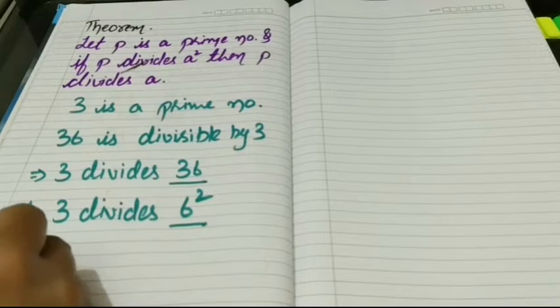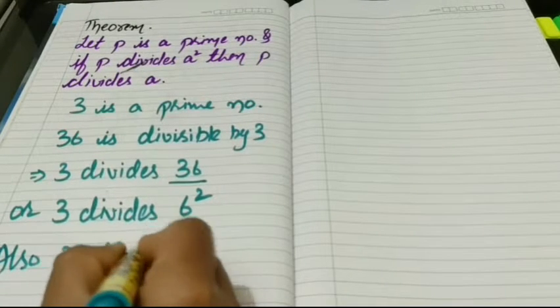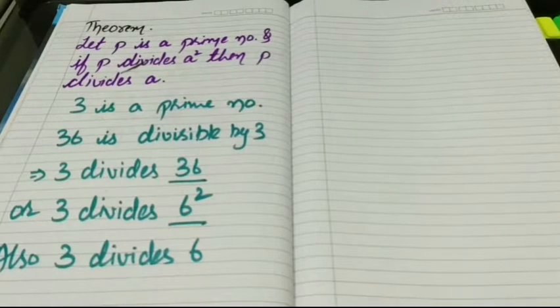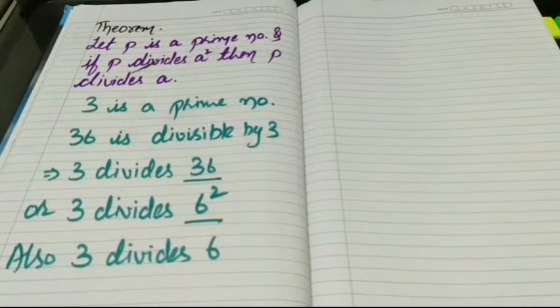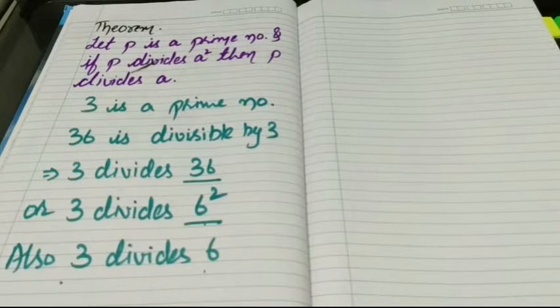Also we know that 3 divides 6. So here we can conclude that if 3 divides 6 square, then 3 divides 6 as well.